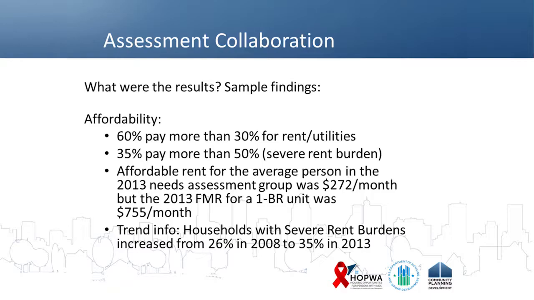And we found that 60% were paying more than 30 percent of their income for rent and utilities, and 35% were paying more than 50%, so that had a very severe housing burden. Affordable rent based on that average income for people in that needs assessment group was $272 a month.